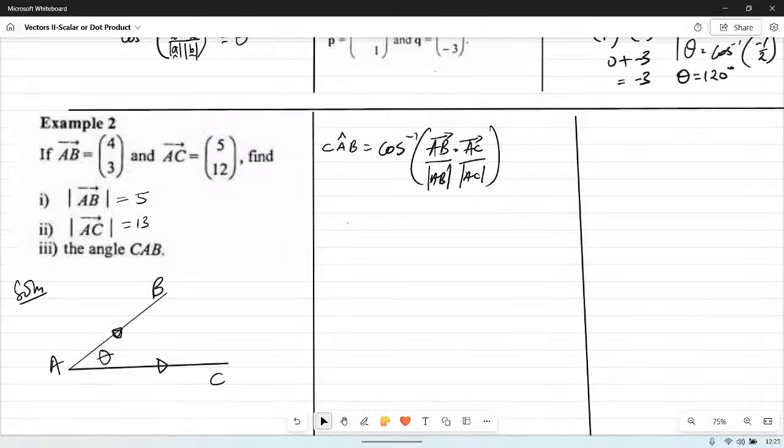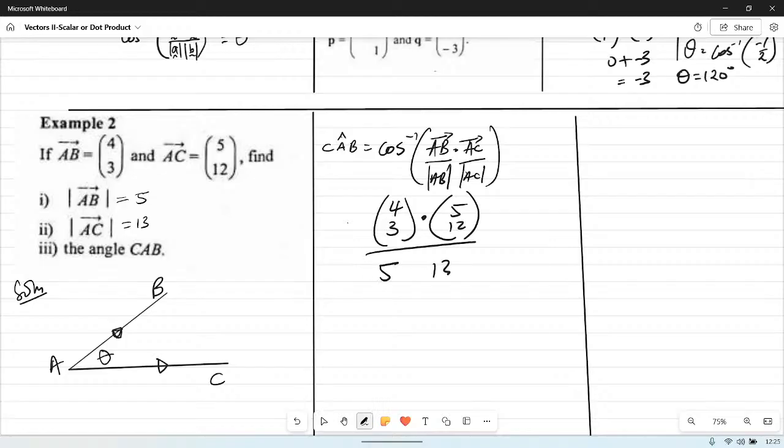So we know that AB is 4, 3, dot product with 5, 12, all over their magnitudes, 5 and 13. 20 plus 36 is 56 over 65. So this gives you 56 over 65. But everything is cos inverse, right?